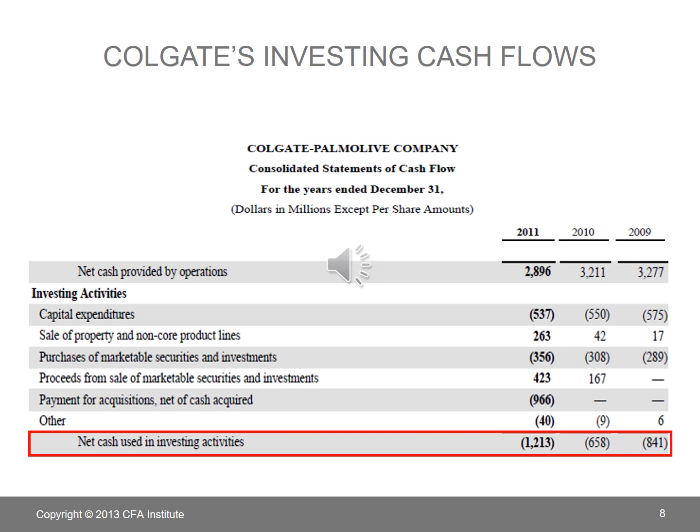Colgate also discloses that the Cenex acquisition was funded in part by proceeds from the sale of the company's euro-denominated investment portfolio. You can see that in the item proceeds from sales of marketable securities and investments, which is greater than purchases of marketable securities and investments in 2011.